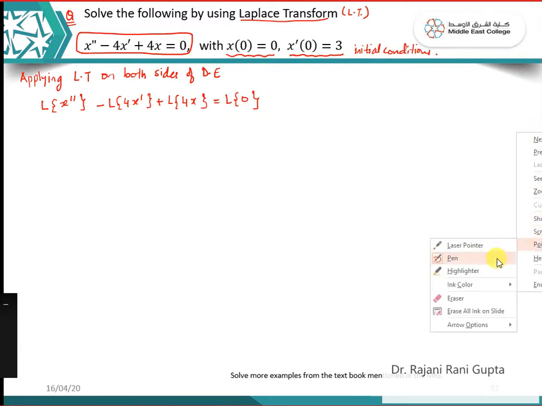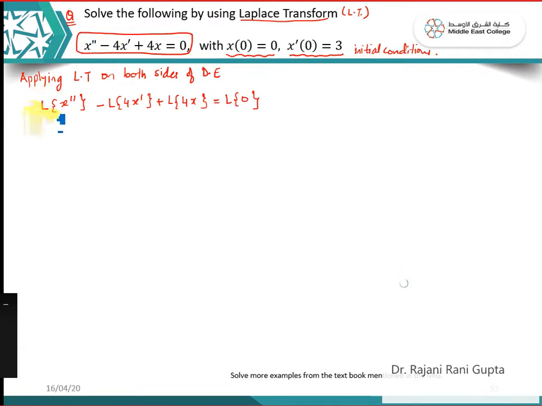Okay, now we will use the rules here. So let's say this is 1, this is 2, this is 3 and this is 4. We have used the linearity property to distribute it. So let's start with the first term, Laplace of x double dash.